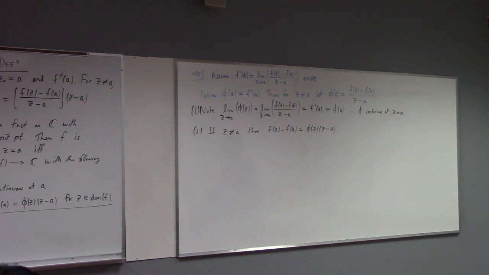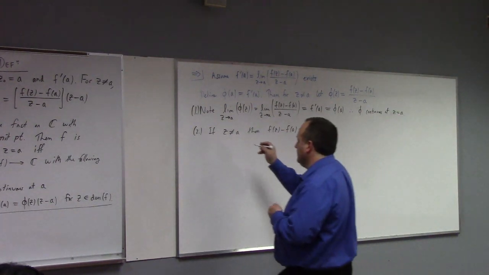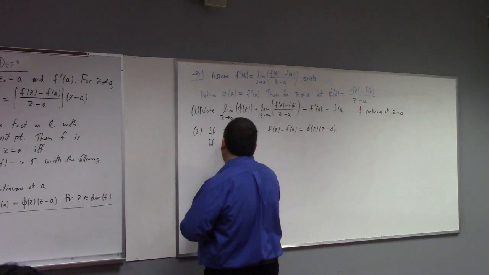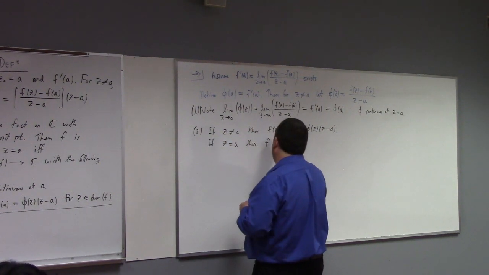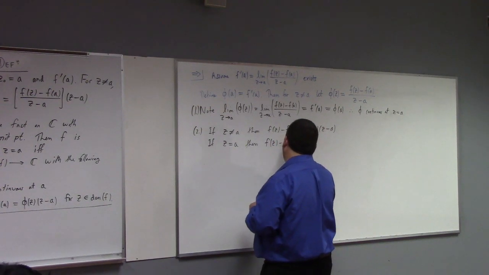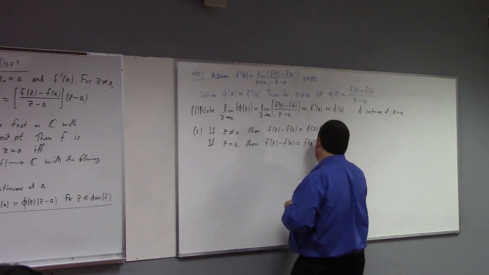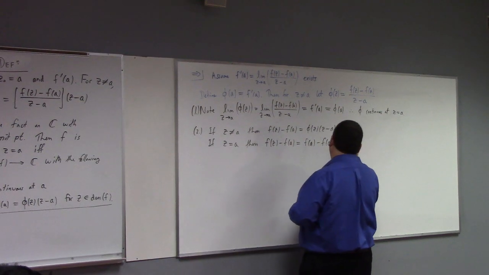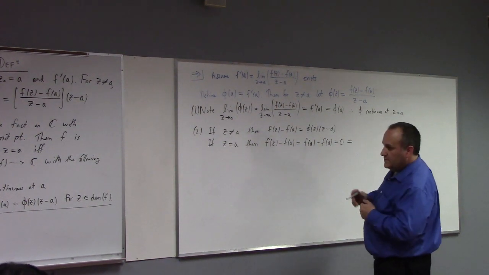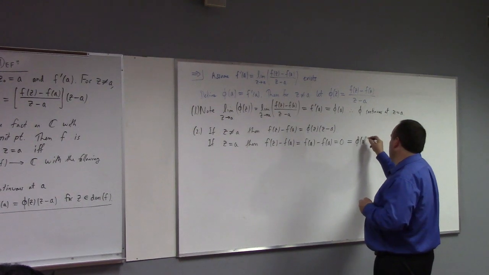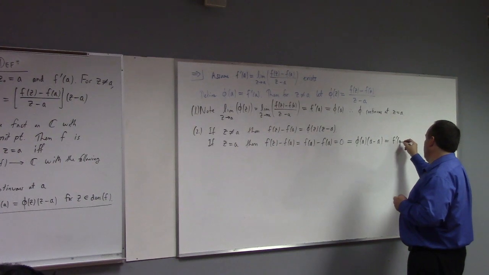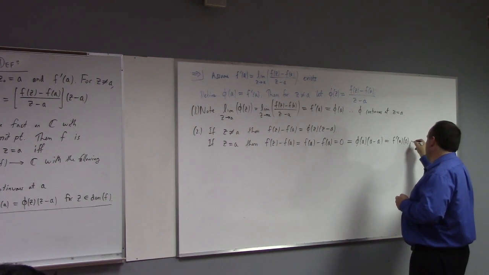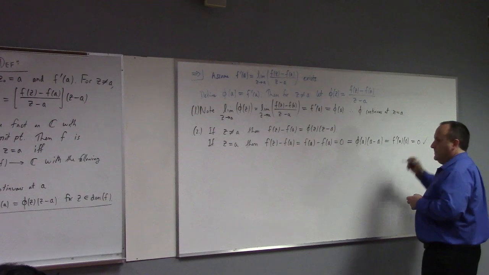Is the equation true if I put z equal to a? If z is equal to a, then f of z minus f of a is f of a minus f of a, which is also known as 0. And is that equal to phi of a times a minus a, which is f prime of a times 0? It is.